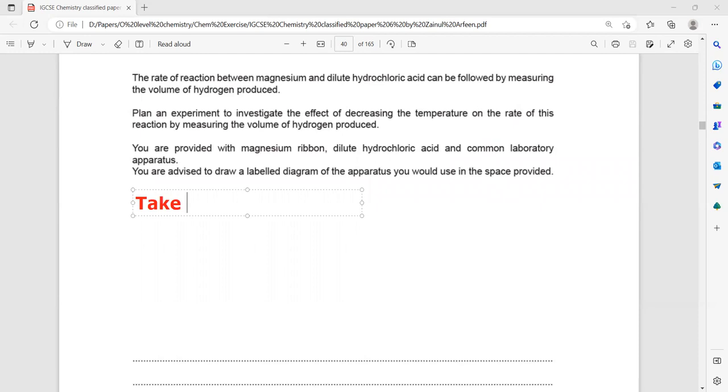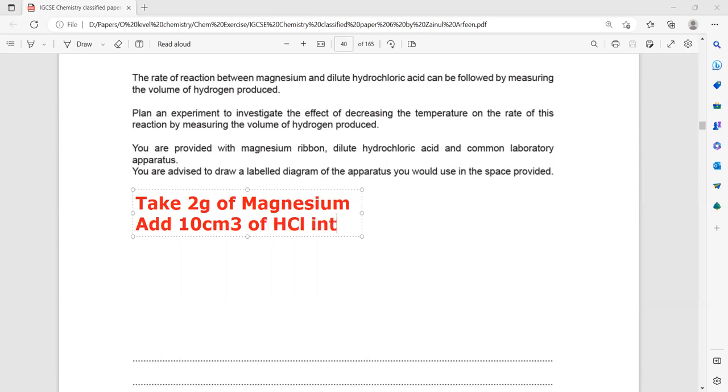For example, take 2 grams of magnesium ribbon, then add 10 cm cube of HCl into the conical flask.